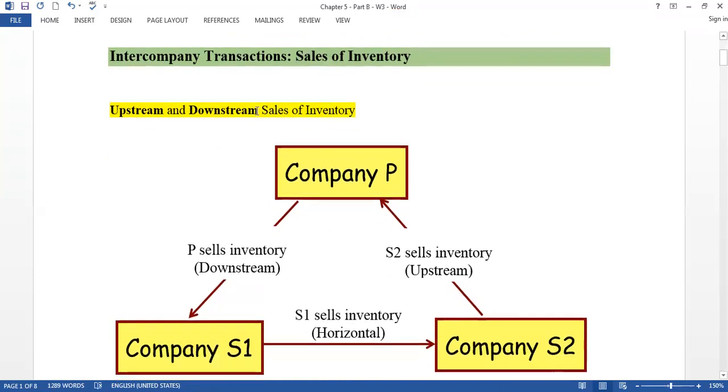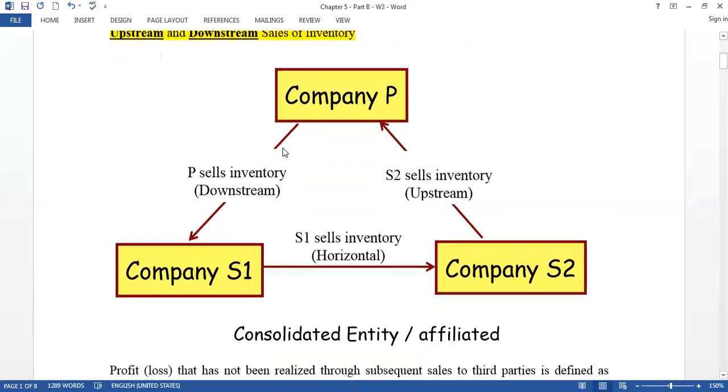So it is important to know which one is upstream and which one is downstream, because the question will not use this kind of terminology, but you have to understand by reading the question whether it is upstream or downstream. So look at this diagram.